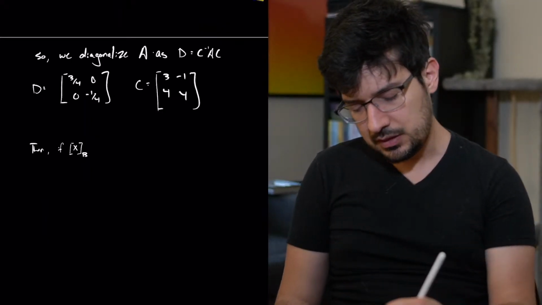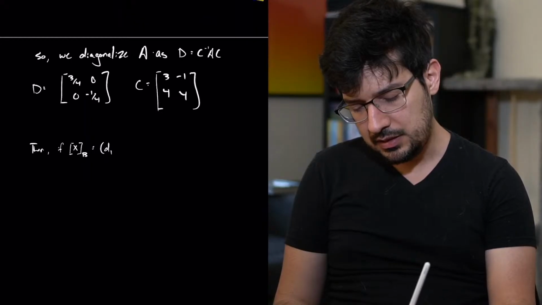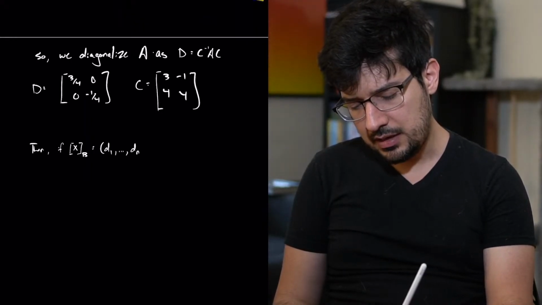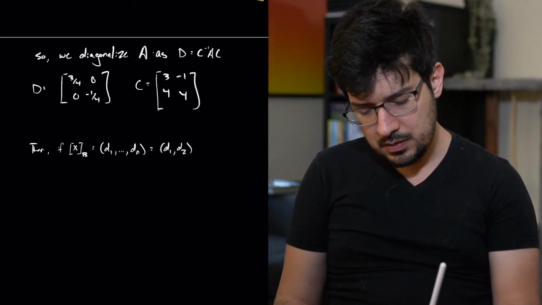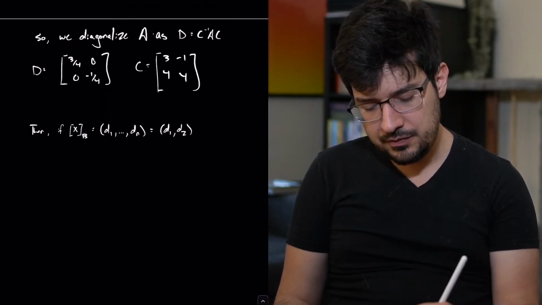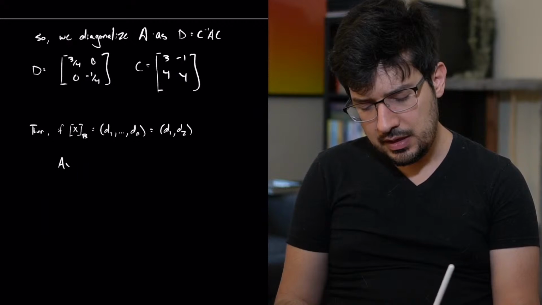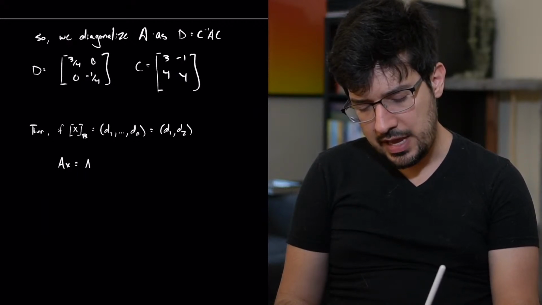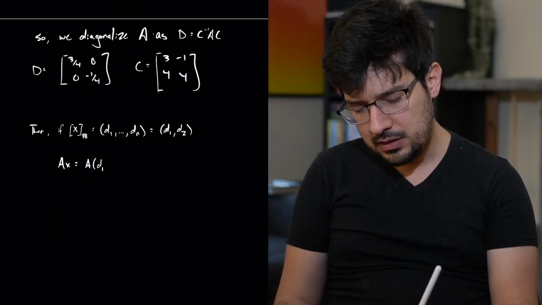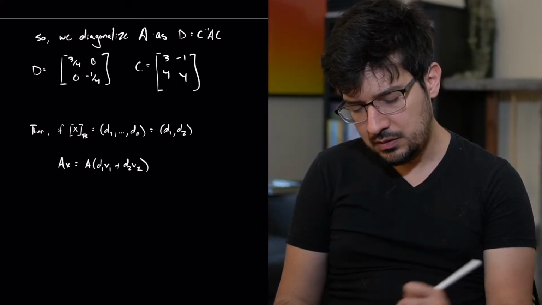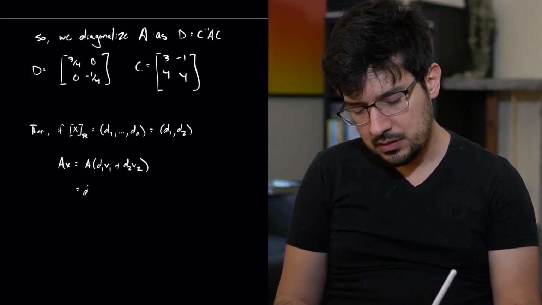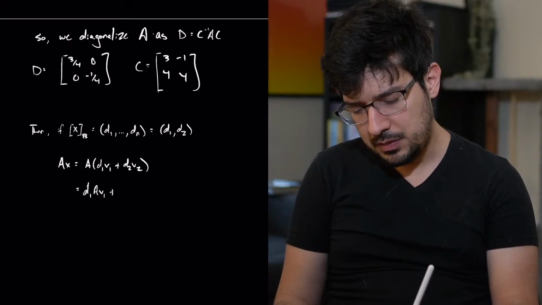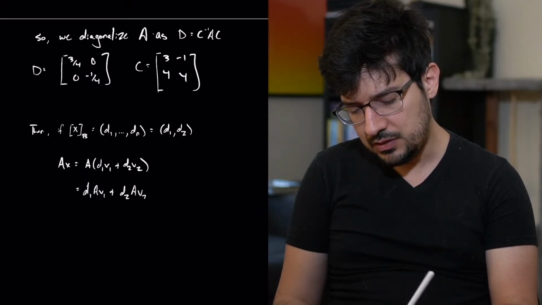If we have a coordinate vector, which I write as d1 through dn, and in this case it's just a coordinate vector d1, d2, we have the fact that Ax is equal to A times d1 v1 plus d2 v2 for our eigenvectors v1, v2, which is equal to d1 A v1 plus d2 A v2 by linearity.